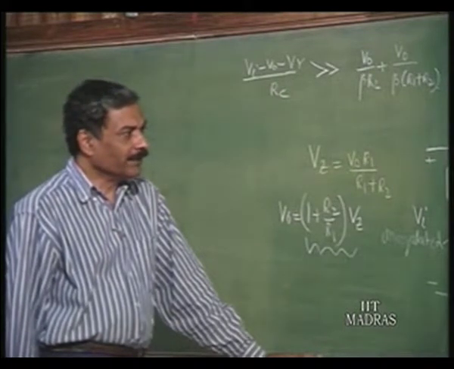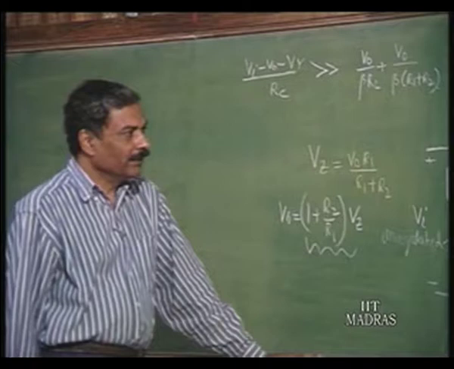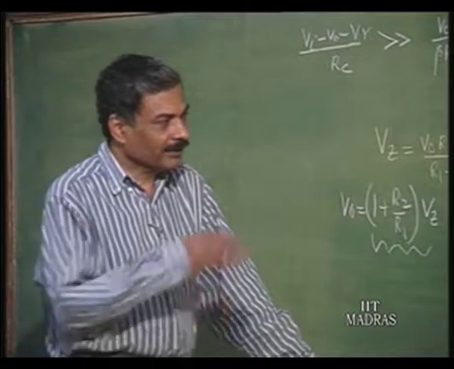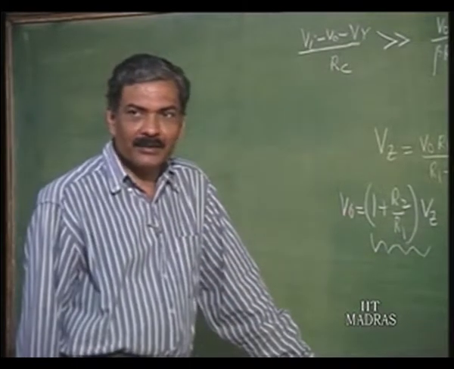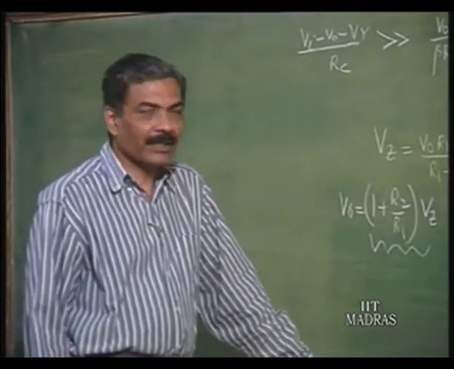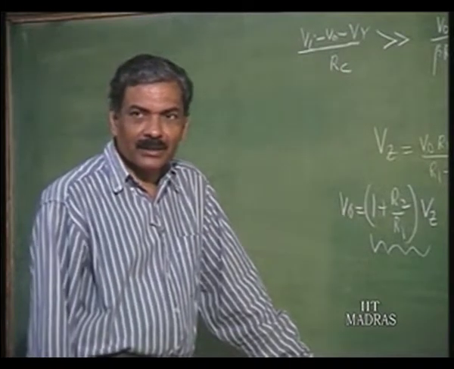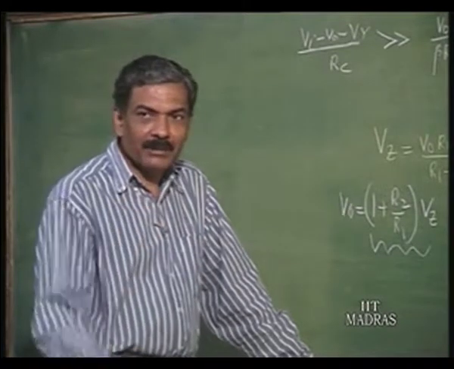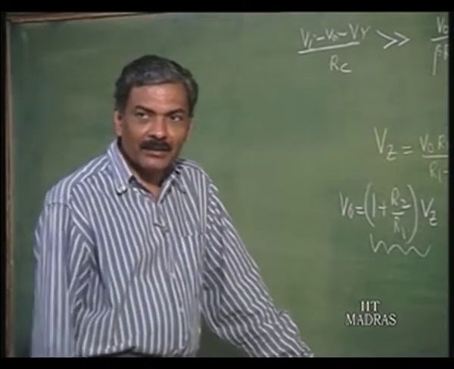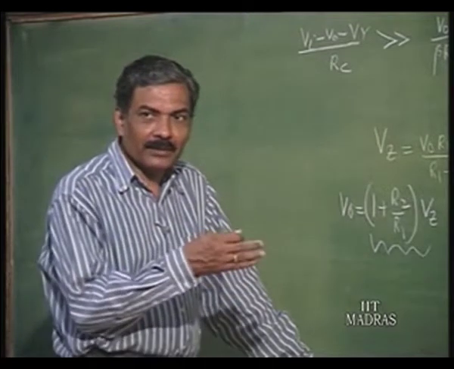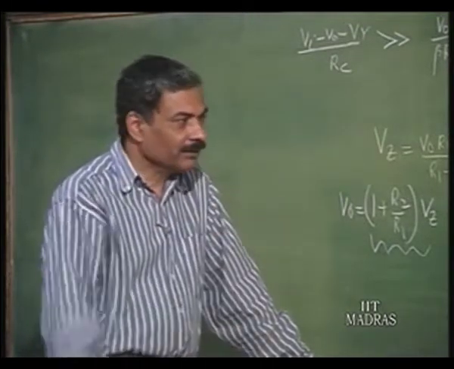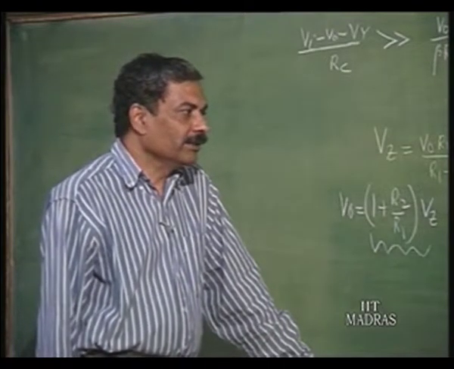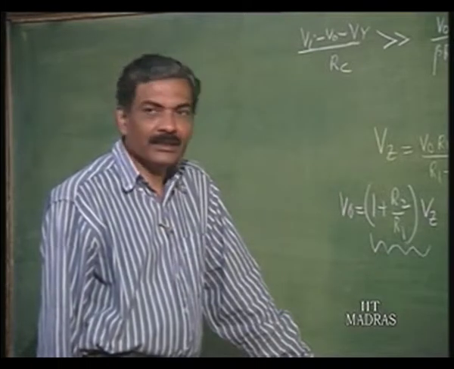And as far as the output impedance is concerned, since this is using an op amp in the negative feedback structure, it is much lower than the earlier output impedance, which was nothing but Re and Re plus Rz by beta plus 1. Here it will be lower than the earlier impedance by the loop gain. So, we will work out an example and show the various parameters associated with the regulator.